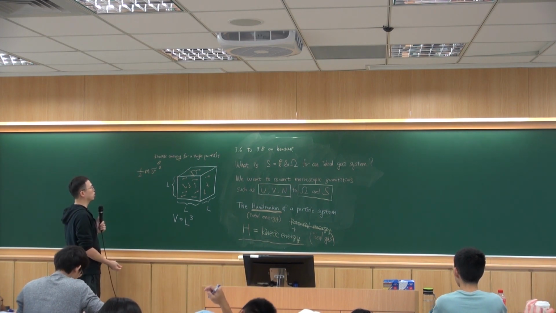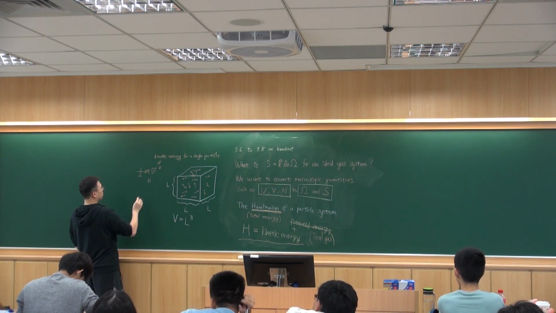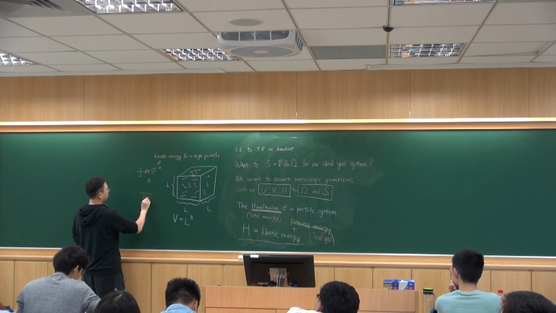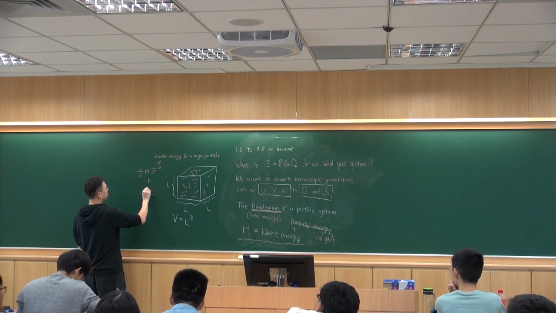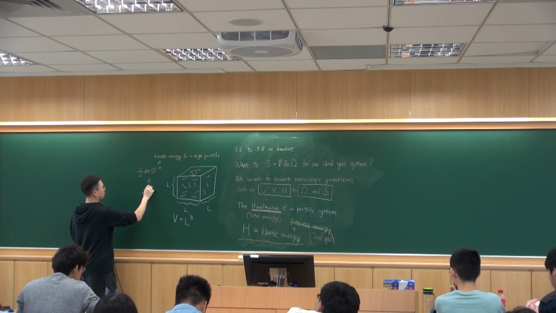Right? This is what you learn in general physics. But in classical mechanics, typically we want to write this as p squared over 2m. And p is a vector.